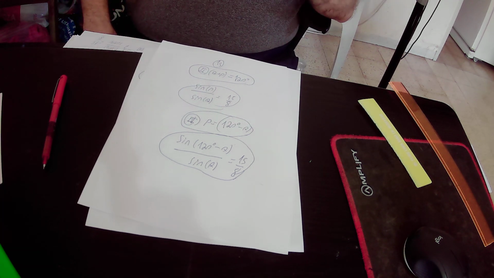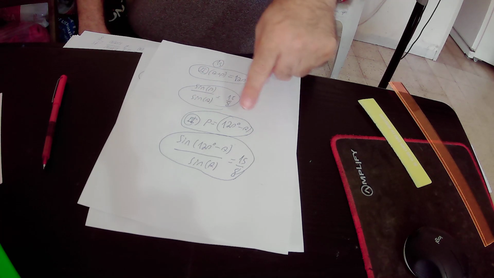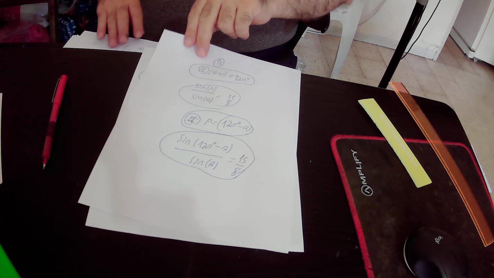Then I presented to you a trigonometric identity in order to calculate the value of sine of 120 degrees minus q.